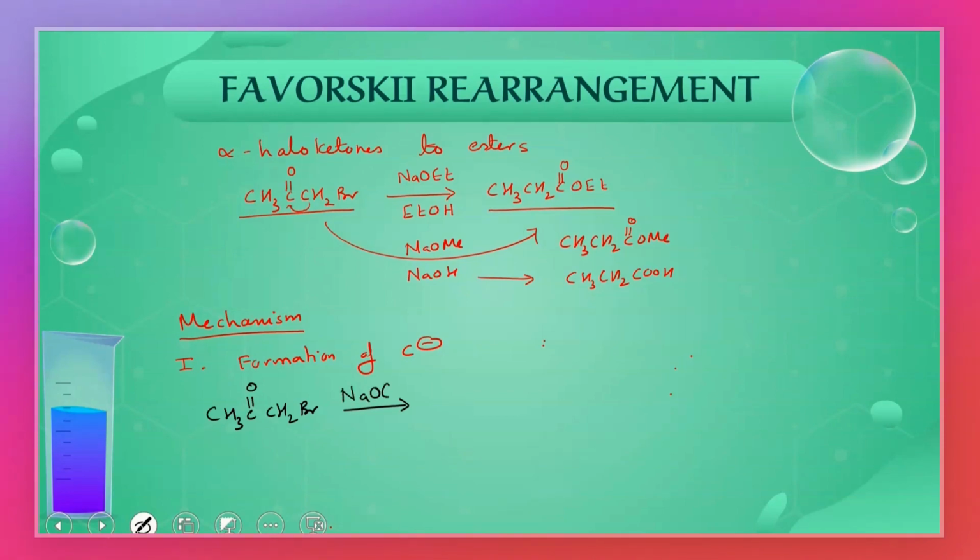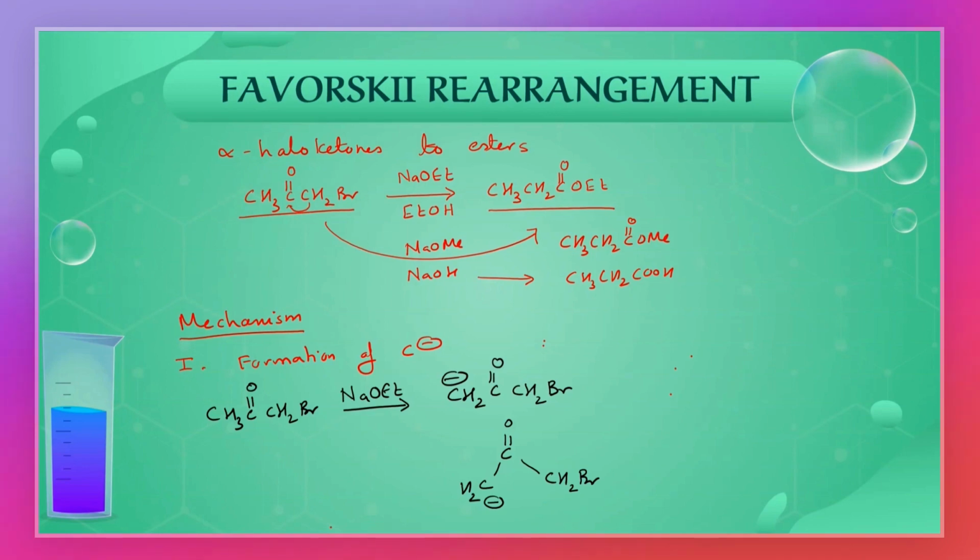So the base will abstract the proton and I'll be having the formation of carbanion. So this is the first step. Let me write in a form that is very easy for you to understand in the format of mechanism. So this is the carbanion formed.